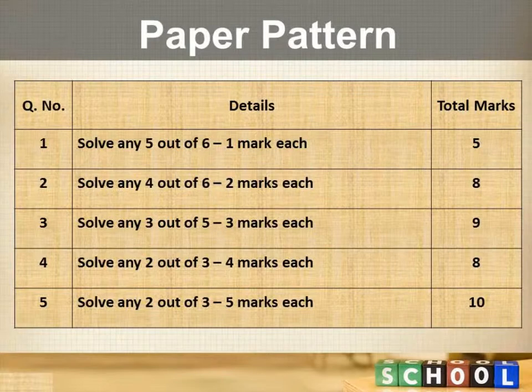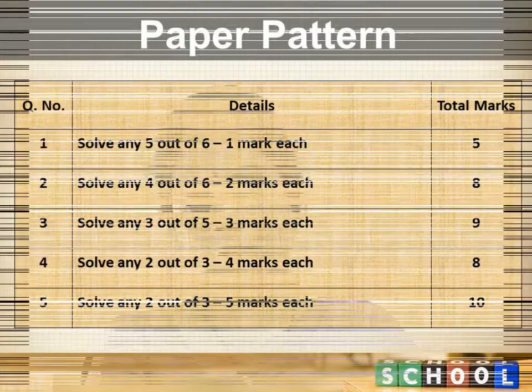Question 4 also has hot sums, but question 5 has hot sums mainly from the question bank and a little from the outside. Here you have to solve any 2 questions out of option. It is for 15 marks, and without option, it is for 10 marks. So without option, it is for 40 marks. The question paper is 40 marks. But if it is seen with option, then the question paper is out of 60 marks.